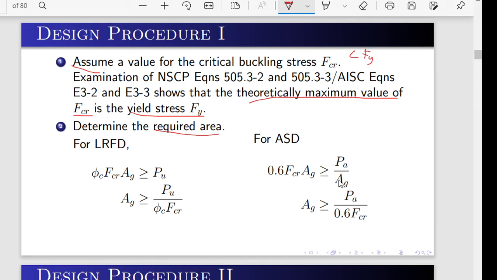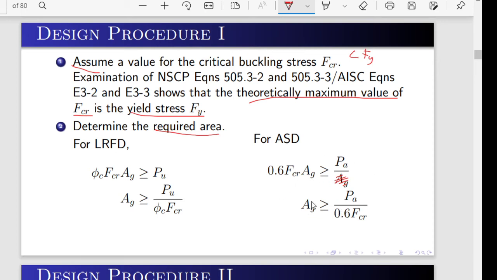You have your A sub G here, so the allowable load for ASD is 0.6 Fcr Ag, greater than the applied load.